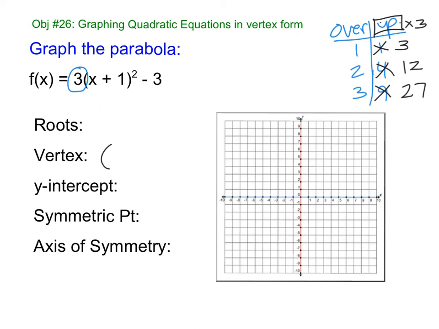So the vertex is -1, -3. And I'm going to go over 1, up 3. Over 2, up 12. And that's all we can fit on here. So see that we have a super skinny graph.